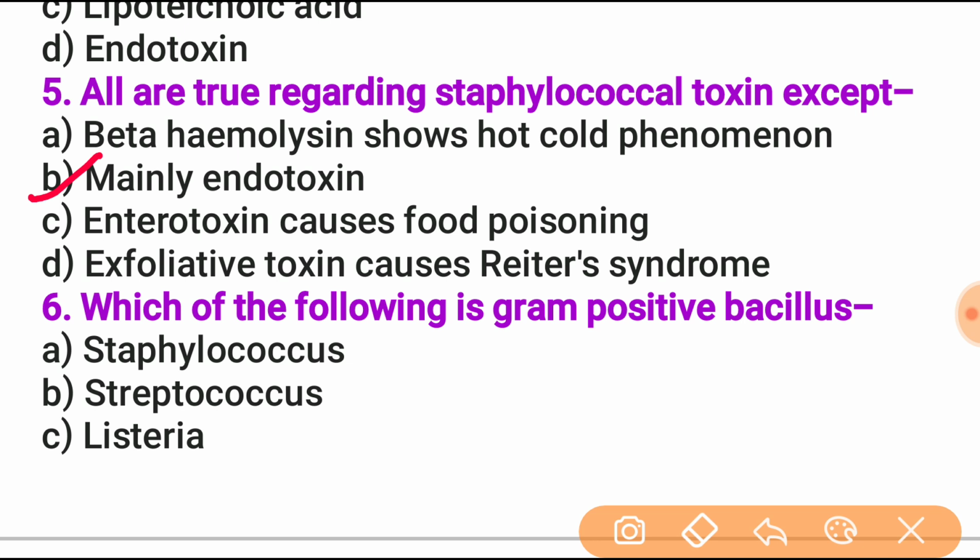Remember the trick: endotoxin, with the N in endo, is for gram-negative bacteria. Staphylococcus does not produce endotoxin.